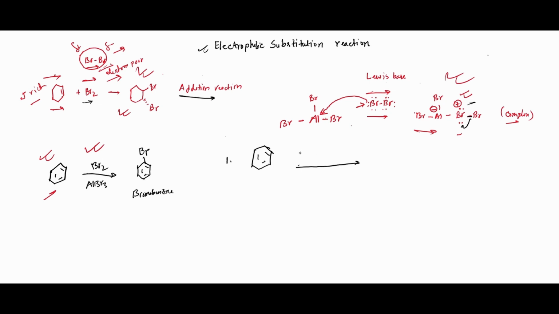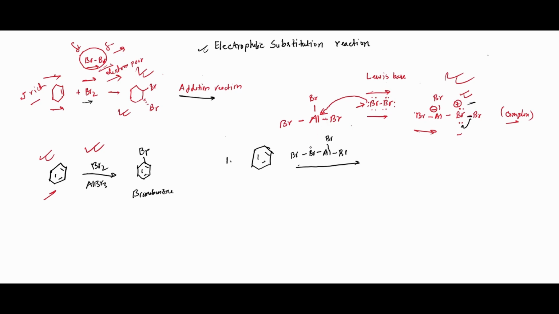Let me draw the complex again, right? So you have this aluminum, we have this bromine here, and we have one bromine here. We're just flipping it a little bit just to make sure that we can easily show you how the mechanism is actually being carried out.